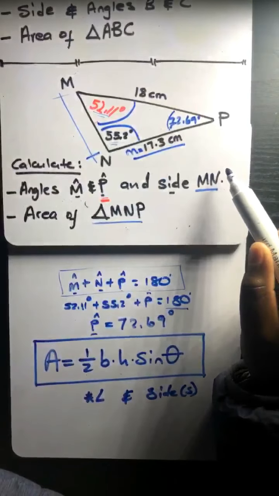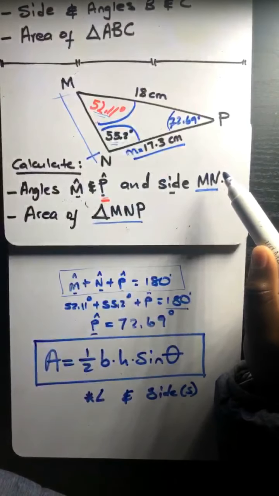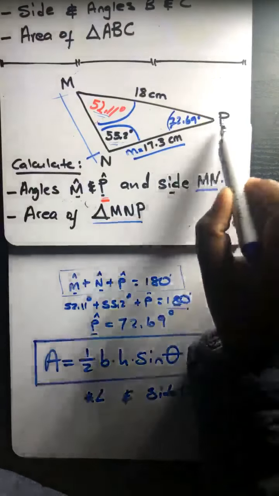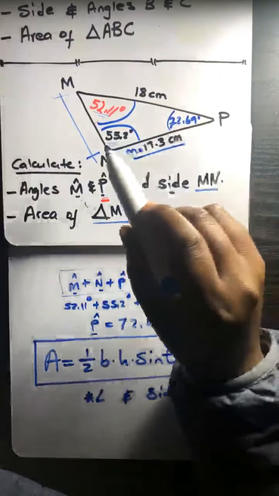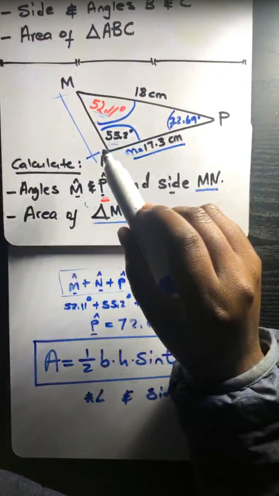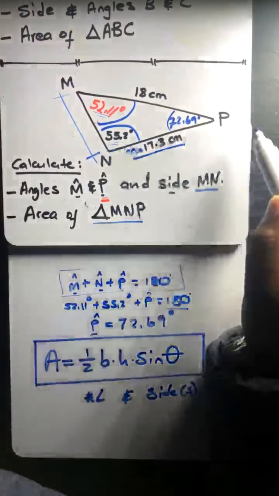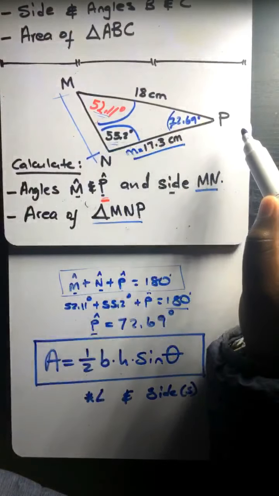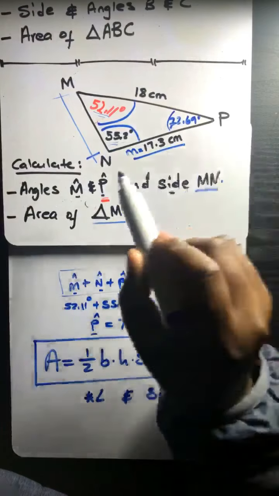And P is opposite to MN. Yes. And N is opposite to MP. Yes, I agree.